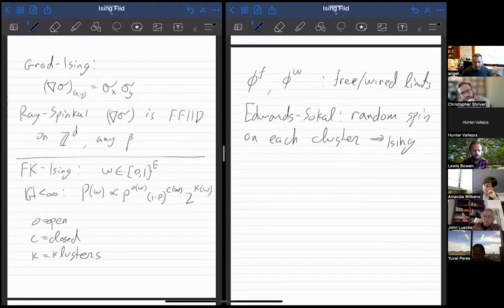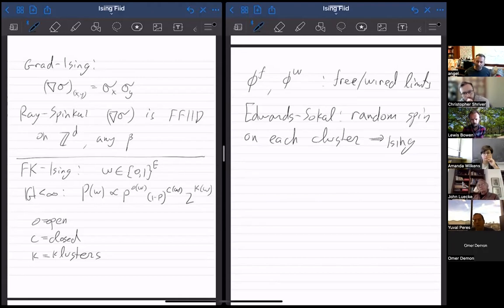And since we are discussing factors of IID, these are also known to be factors of IID by results of Hagstrom, Jonsson, and Lyons.